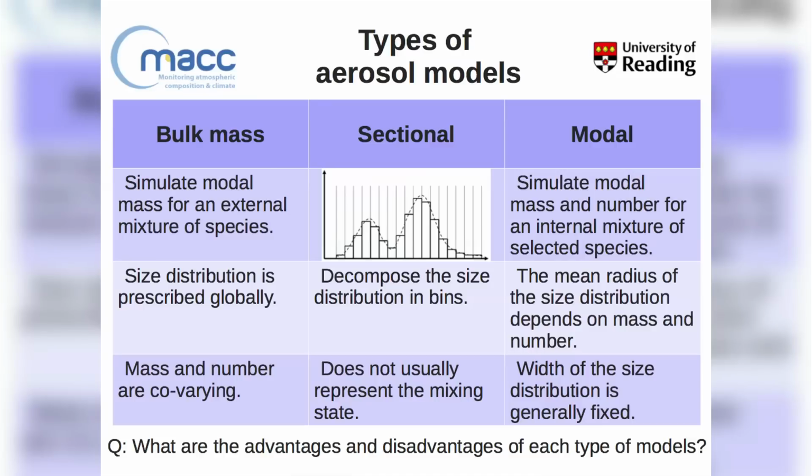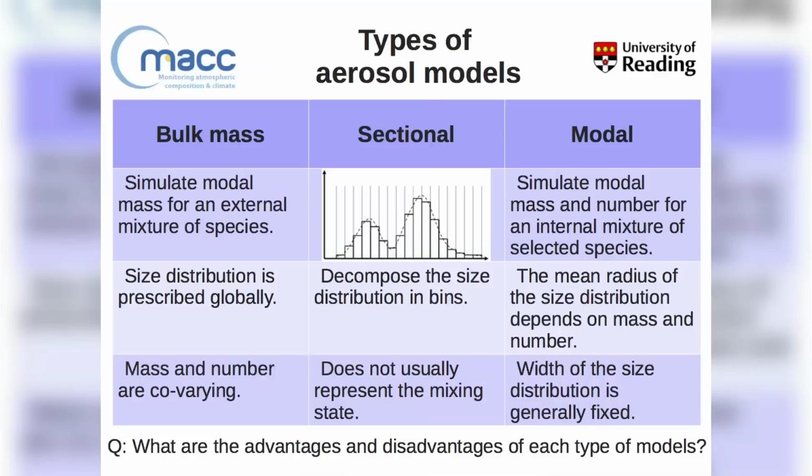Modal models have appeared about at the start of the century, and they are basically a compromise between the bulk mass and the sectional models. And the idea is to simulate both the mass and number of aerosols for the selection of species and the selection of mode. But instead of decomposing the size distribution, you just describe it as a superposition of log normals, just as we've seen a little bit earlier.